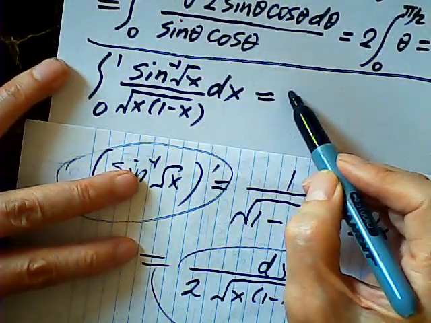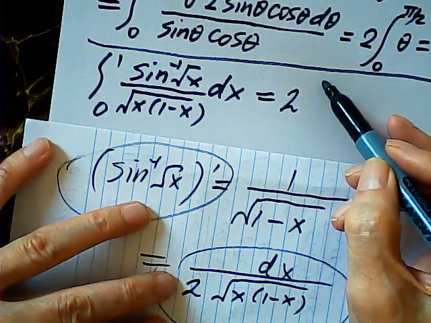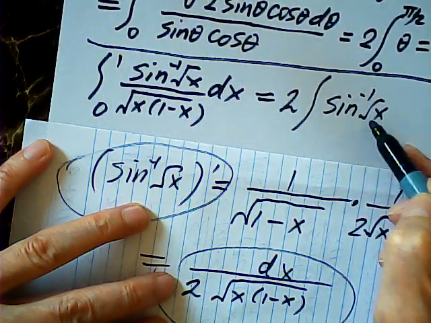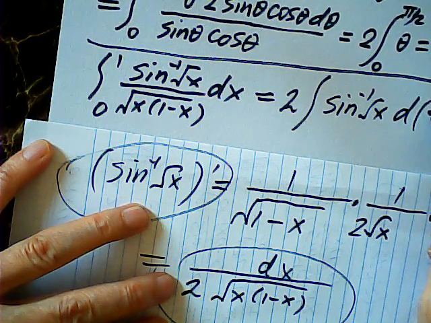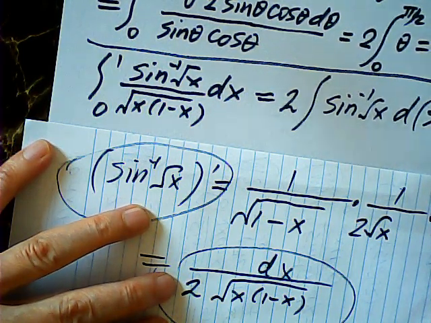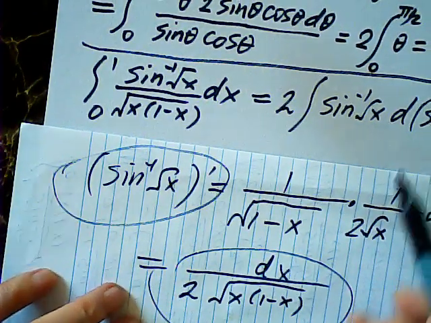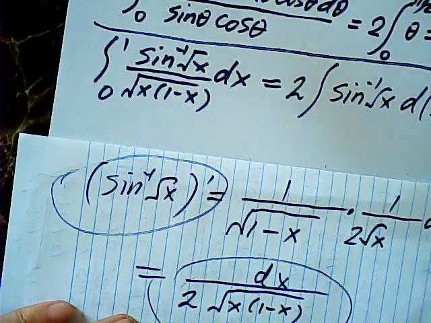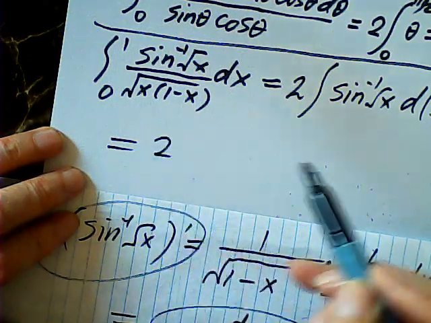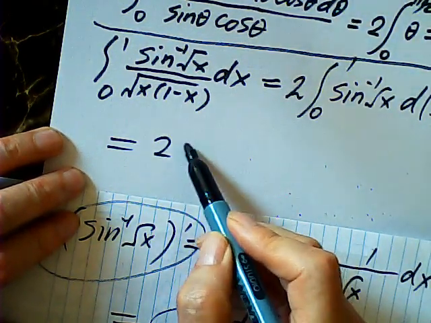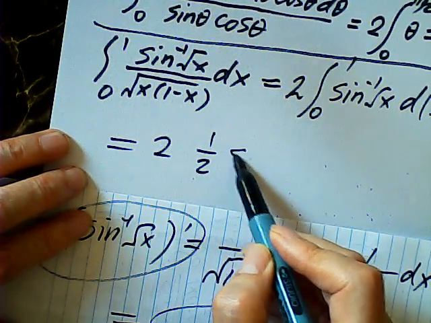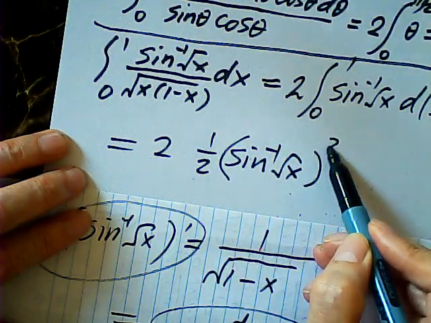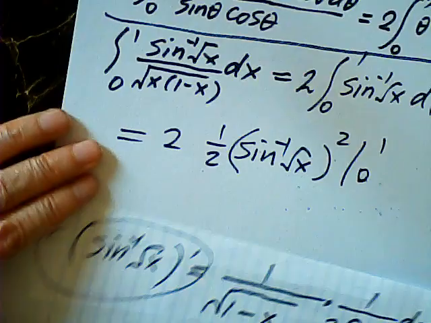So this one is equal to 2 integral arcsine d arcsine. This one is equal to this. And when you multiply by 2, you get that. So this was a 2 from 0 to 1, huh? So 2 times half arcsine squared from 0 to 1.